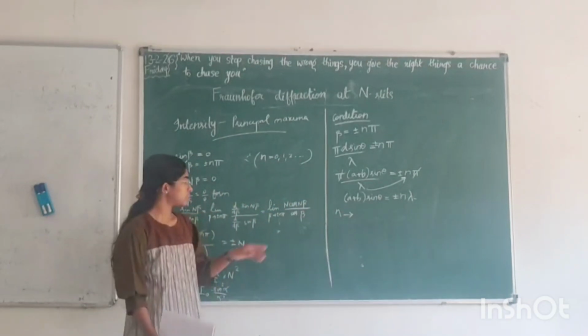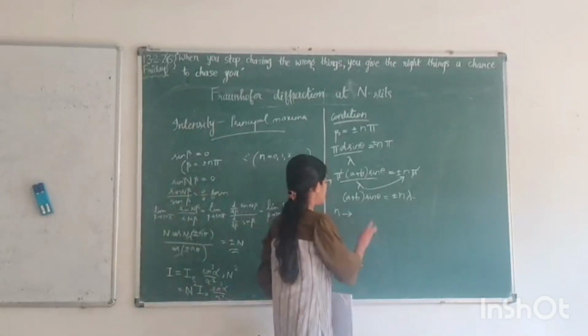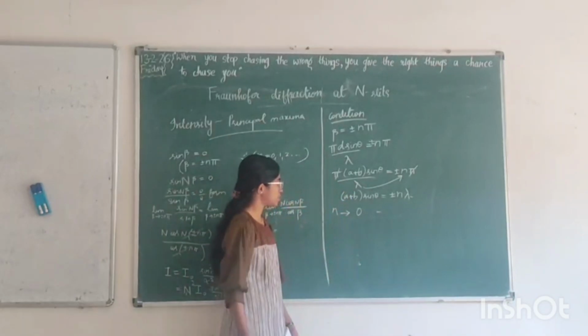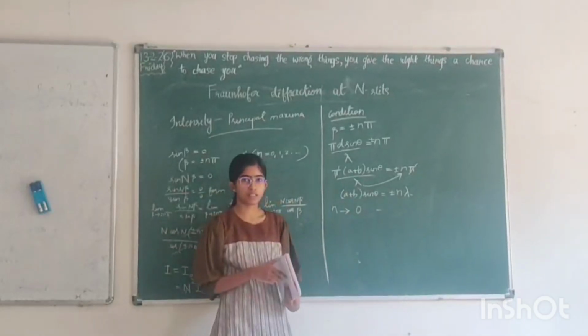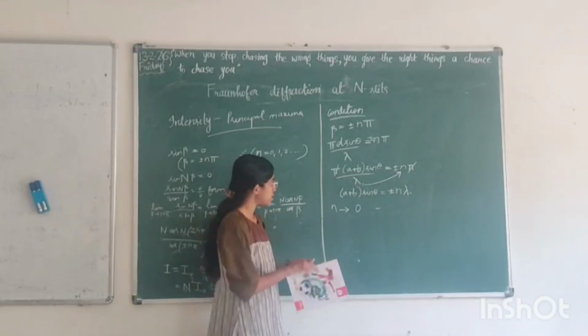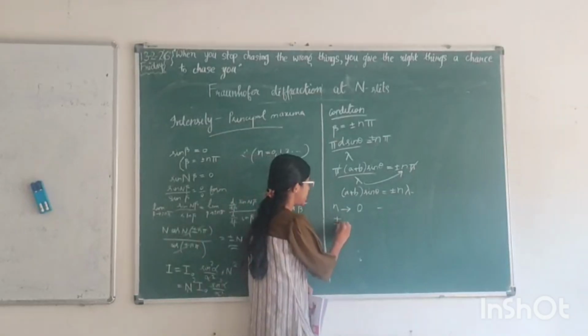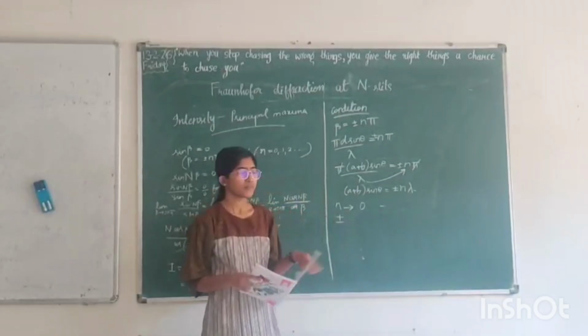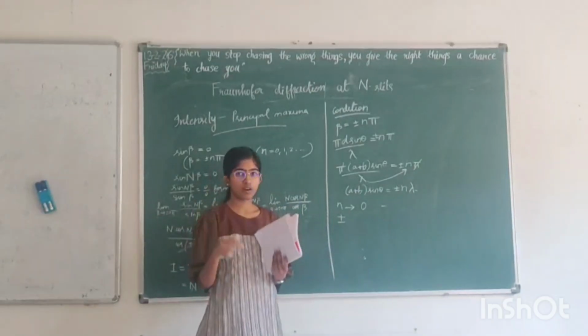If n is equal to 0, it will be the zero order maximum, and if n is equal to 1, it will be the first order maximum. Like that, principal maxima will come. And this plus or minus sign indicates that there will be two principal maxima on either side of the zero order maximum.